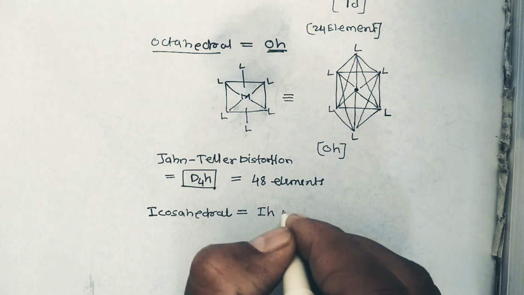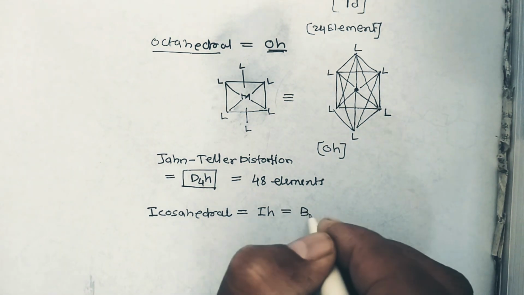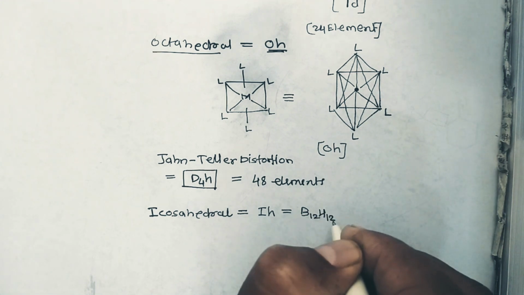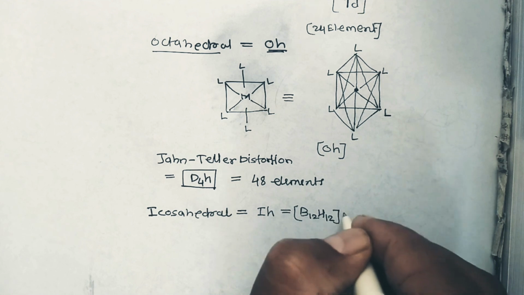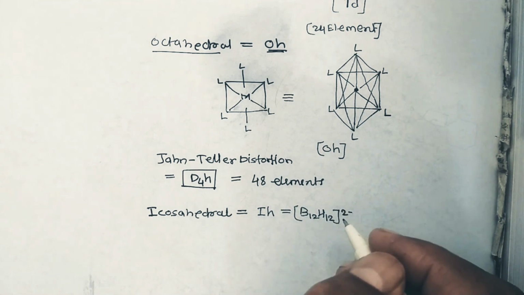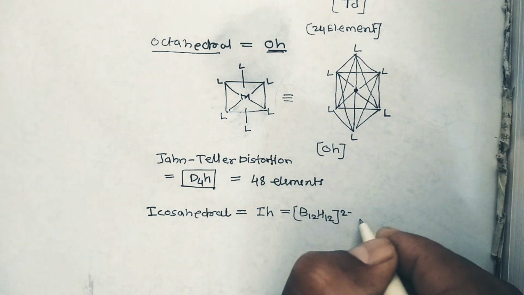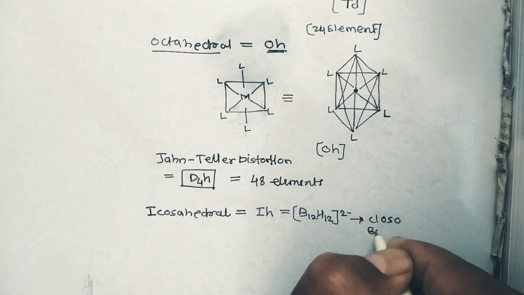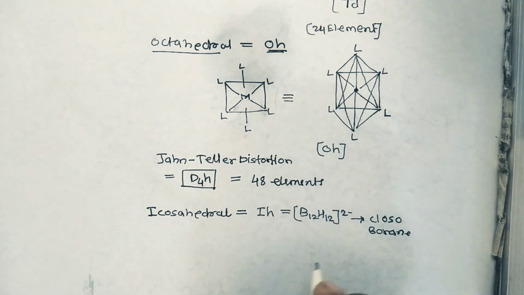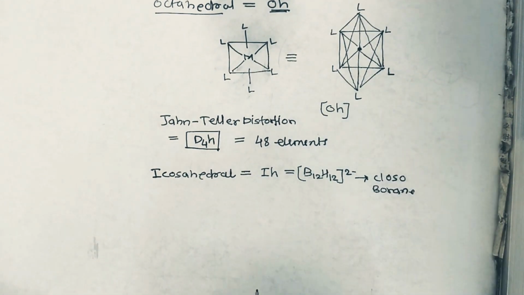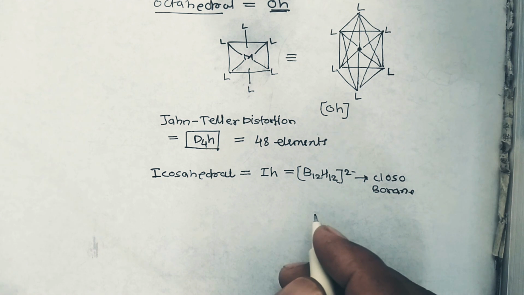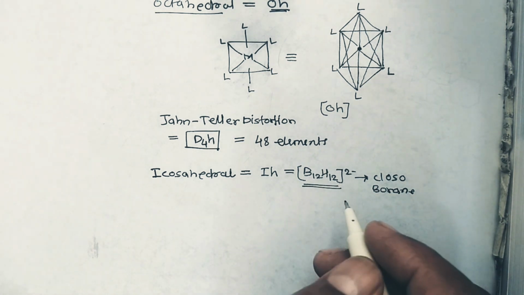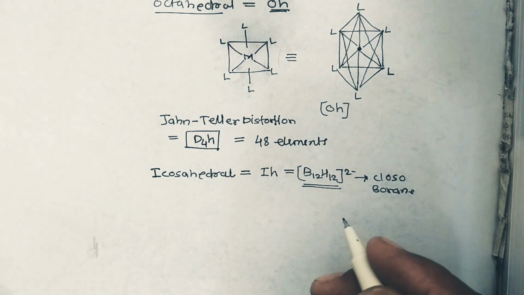For example, B12H12 2-, closoborane. So this contains icosahedral structure and the point group is Ih.